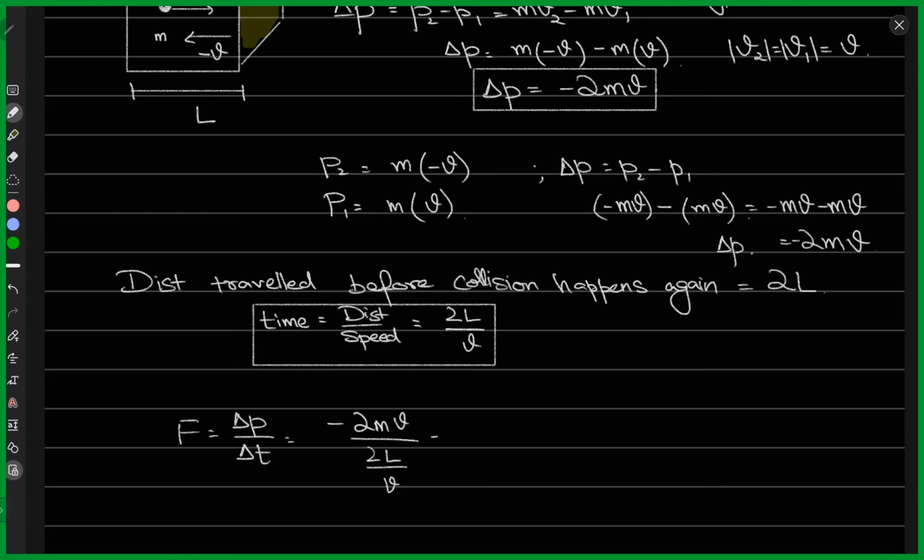Right? So what does this become? This becomes m. So how do I write this?